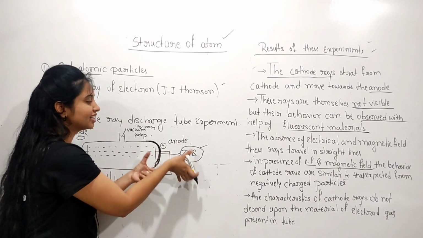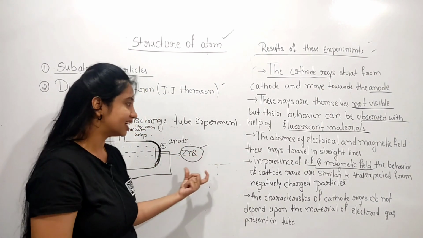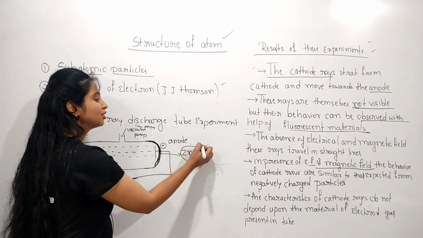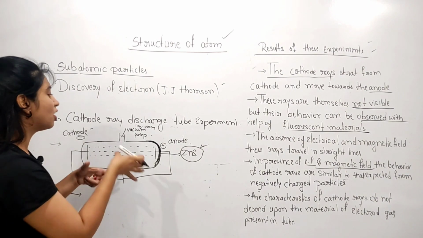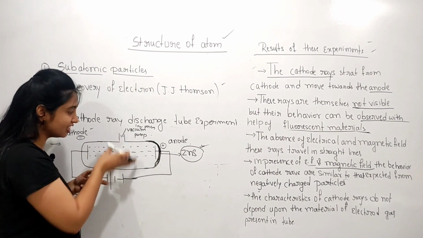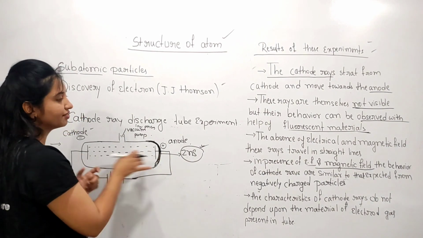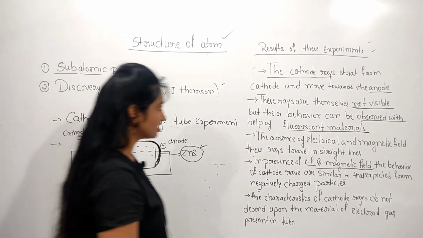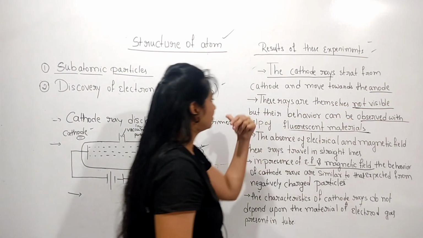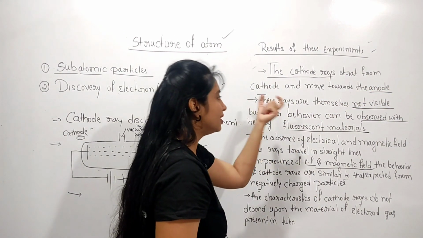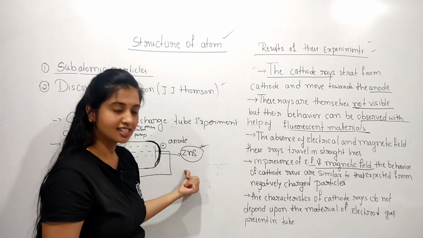So with the help of the glowing of zinc sulfide, he observed the behavior of these rays and the existence of these rays. The rays themselves are not visible to our eye, but their behavior can be observed with the help of a fluorescent material like zinc sulfide.